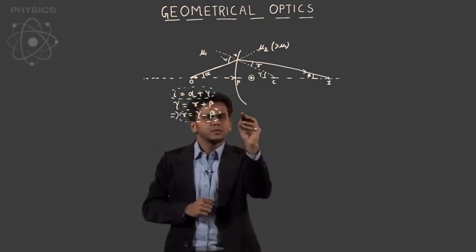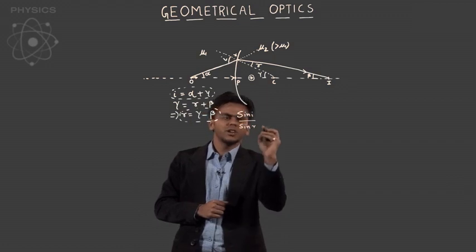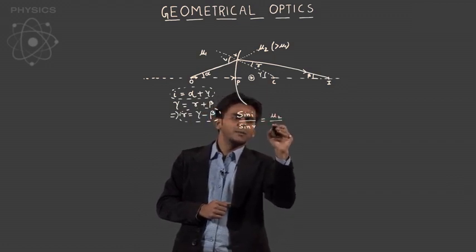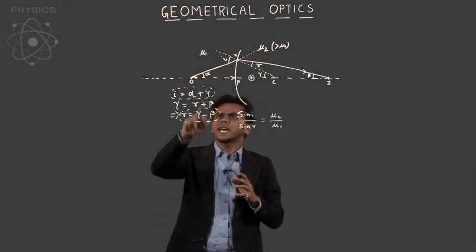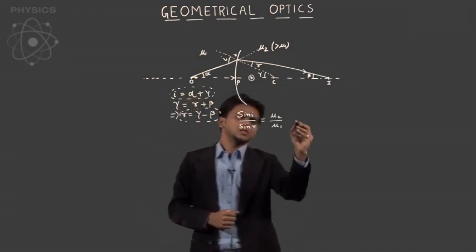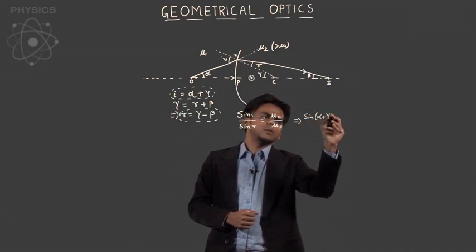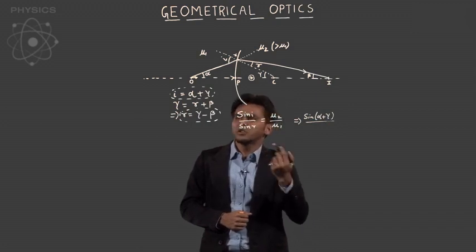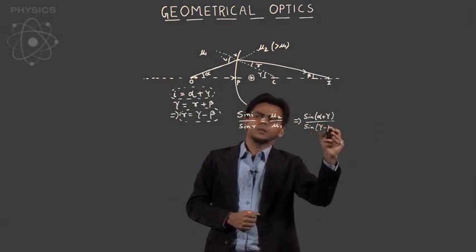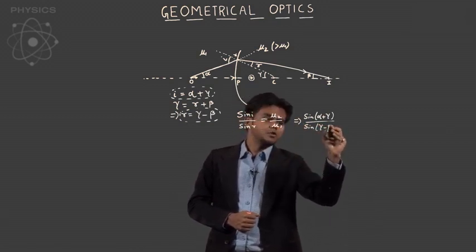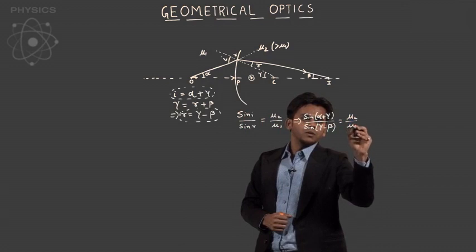Over here, sin I upon sin R is going to give you mu2 upon mu1. What exactly is sin I? Sin I is sine of alpha plus gamma. And similarly, sine of R is sine of gamma minus beta, not alpha, beta. I'm sorry. Equal to mu2 upon mu1.